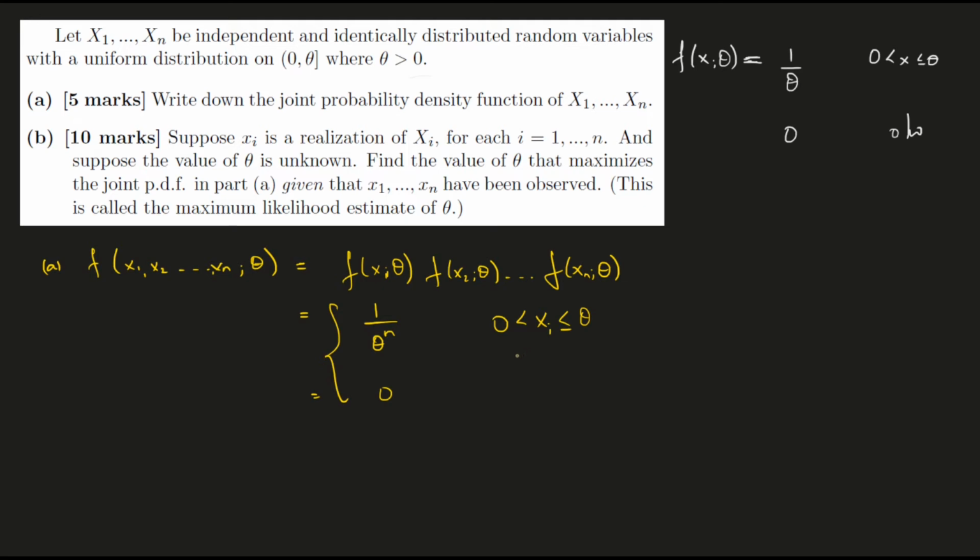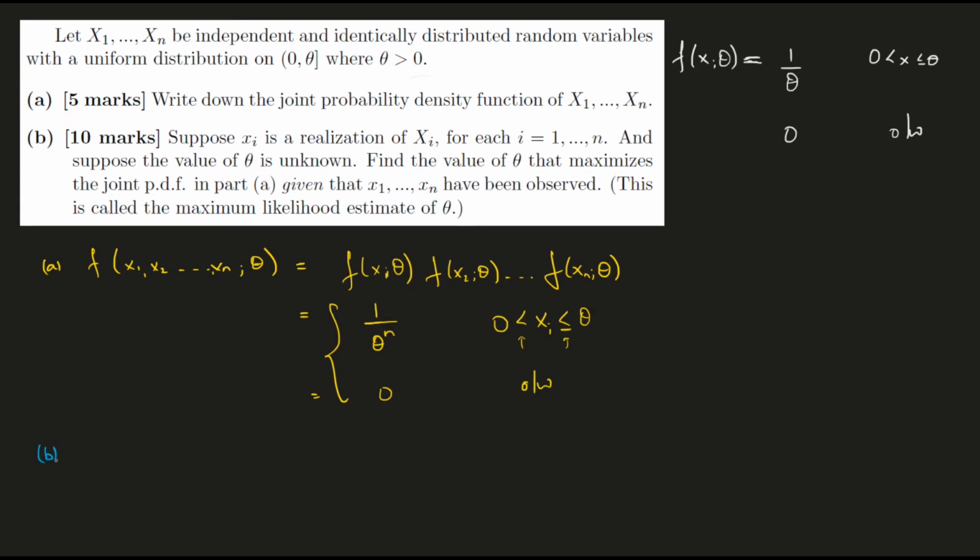Since these are continuous random variables, we don't really care if there are strict inequalities over here and here. It doesn't really matter because continuous random variables don't really have a probability for an exact value. So we could have strict inequalities or slack inequalities.